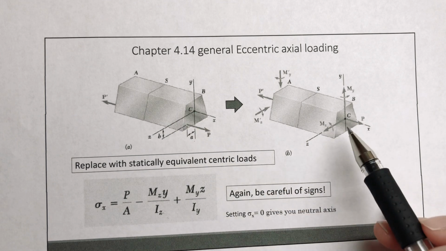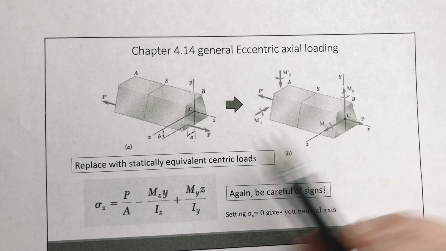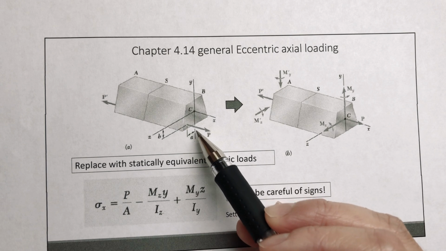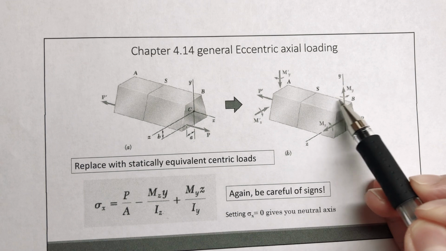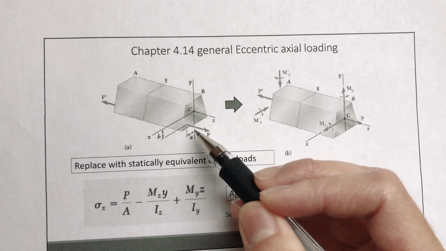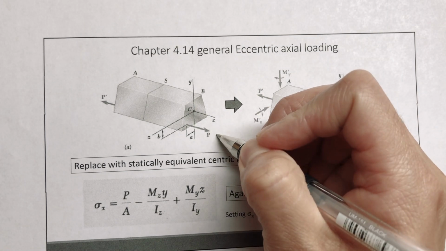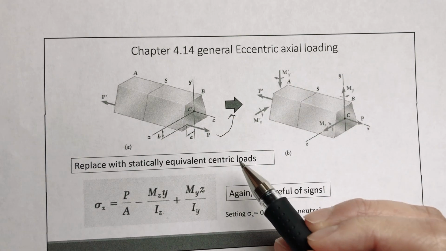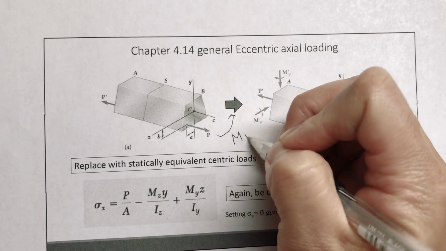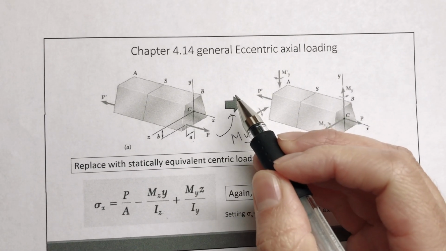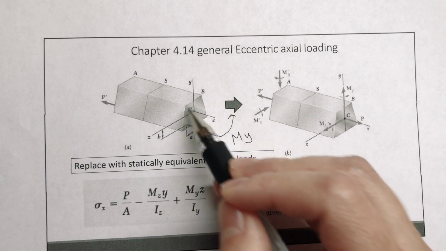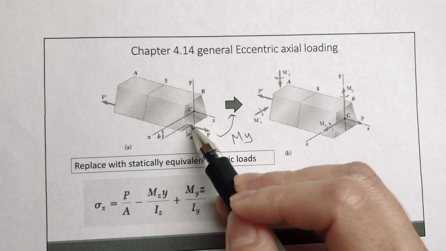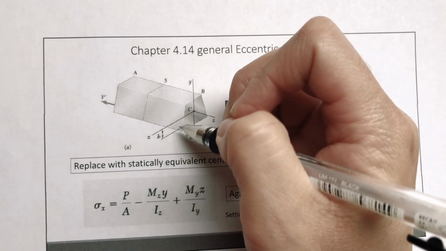Make sure you understand the direction of these moments. This is going to go from left to right here. Okay, it's going to do a moment like left to right here around the Y. Here around the Z, it's going to go upwards.